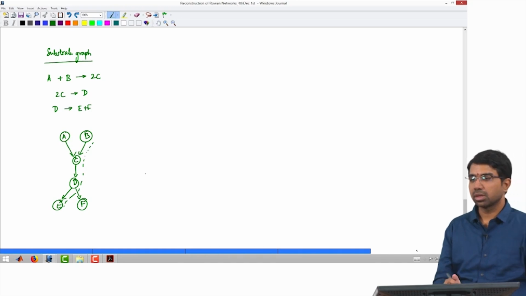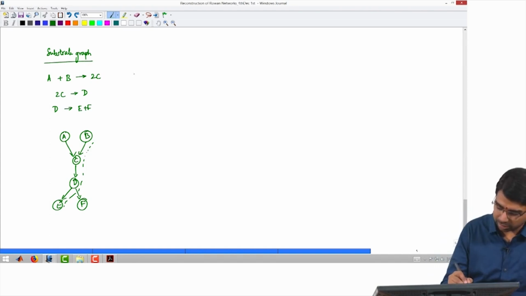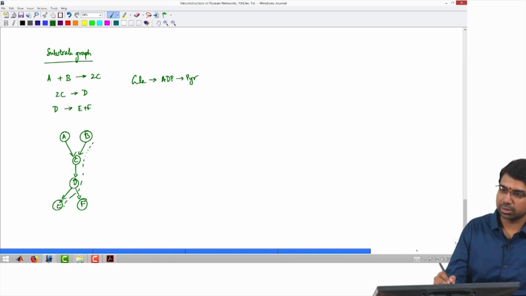So, this is a danger. As you might remember, you would be presented with a 2-step glycolysis, glucose, ADP, pyruvate, which is wrong.